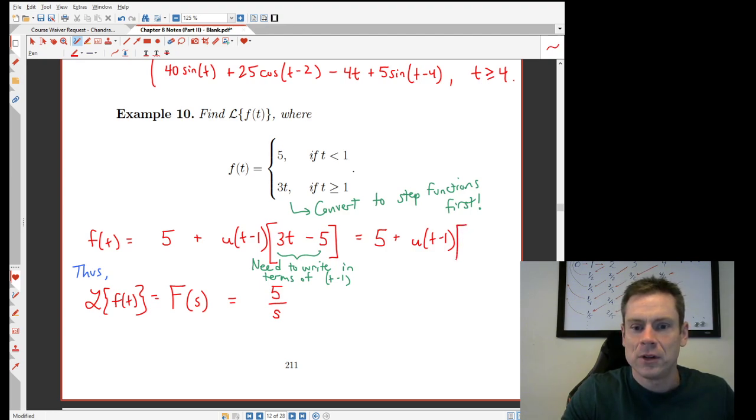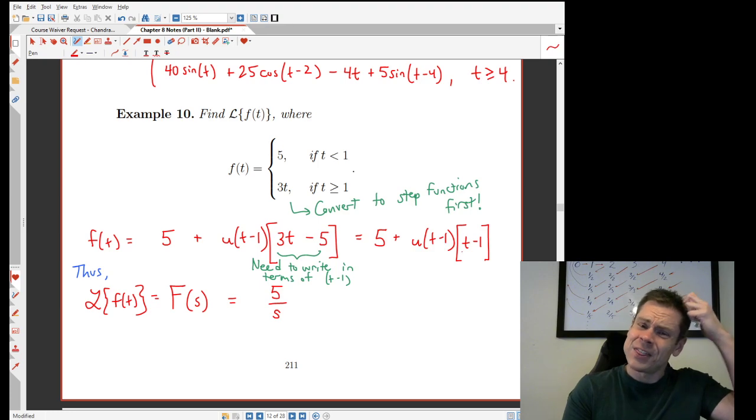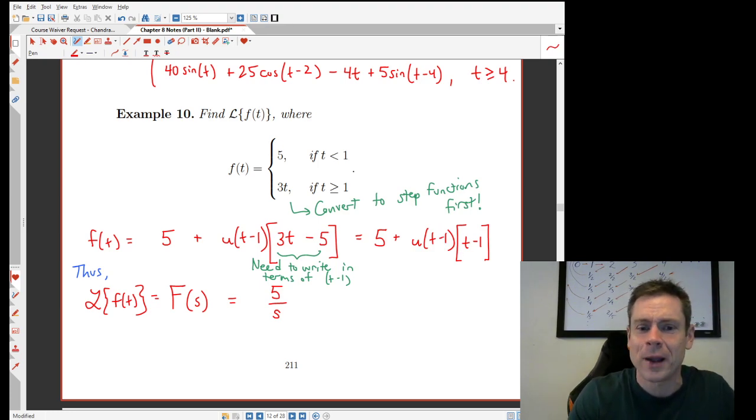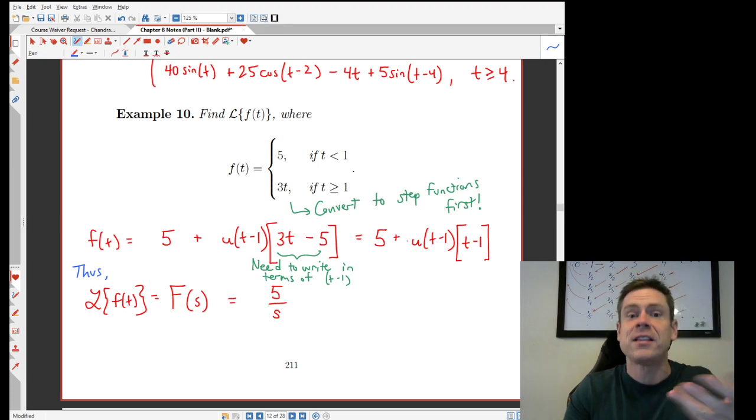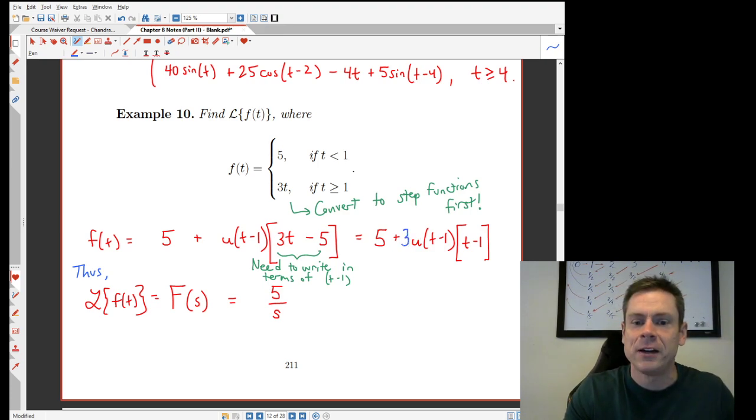So typically what I'll do is write this as a t minus 1, and then I have to think of how I need to change this around. If I write a t minus 1 here, and I have a u times that, well, originally I had a 3t here, so I want to change the coefficient out front so that I get the 3t that I started with. I'll put that right here.